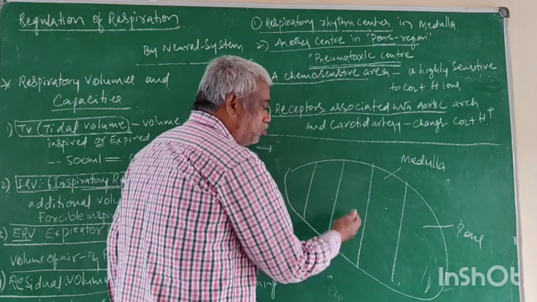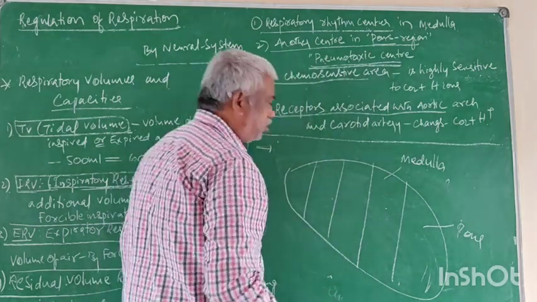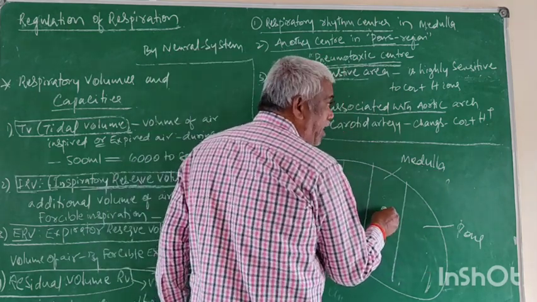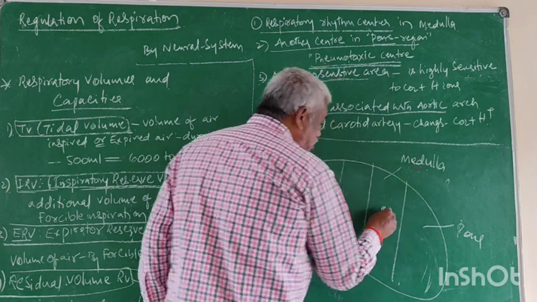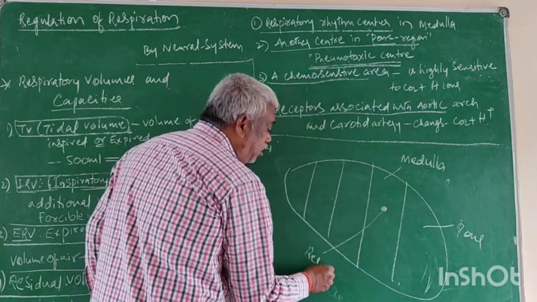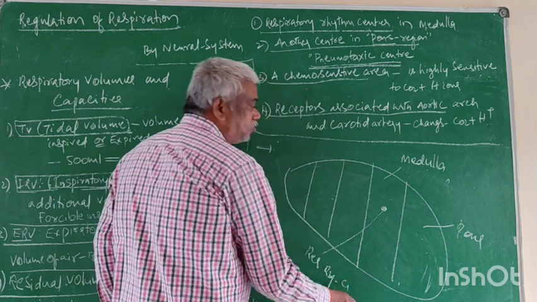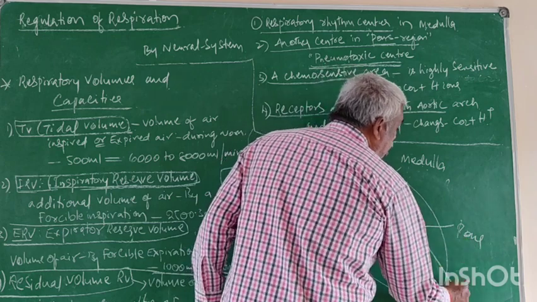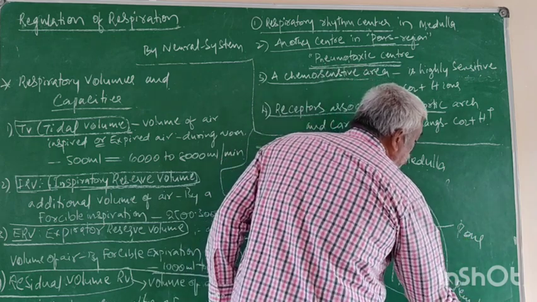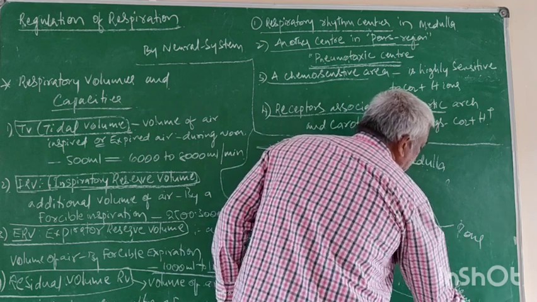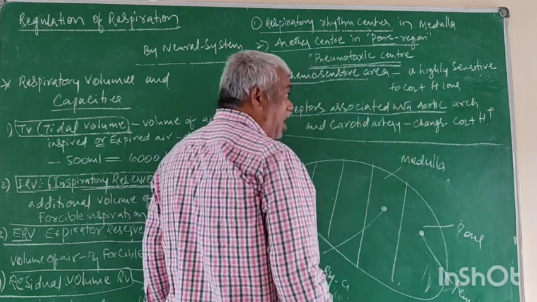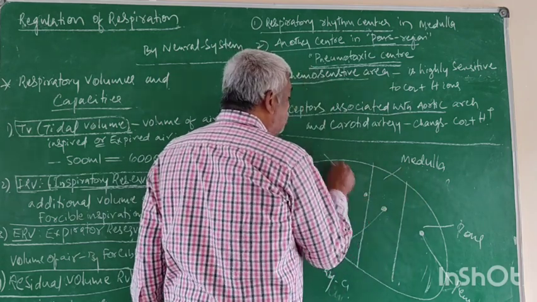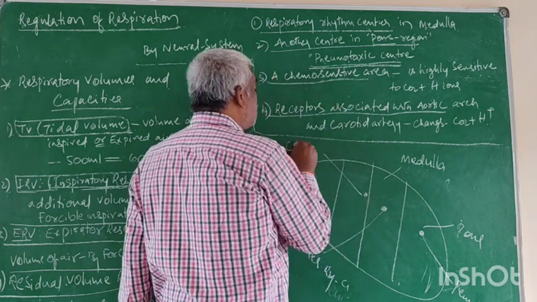We don't know what the other parts are; we can discuss them later. Name the parts: pons. Now the point present in the medulla is called the respiratory rhythm center. Another center, present in the pons, is called the pneumotaxic center. Another center is present near the medulla, which is called the chemosensitive area.